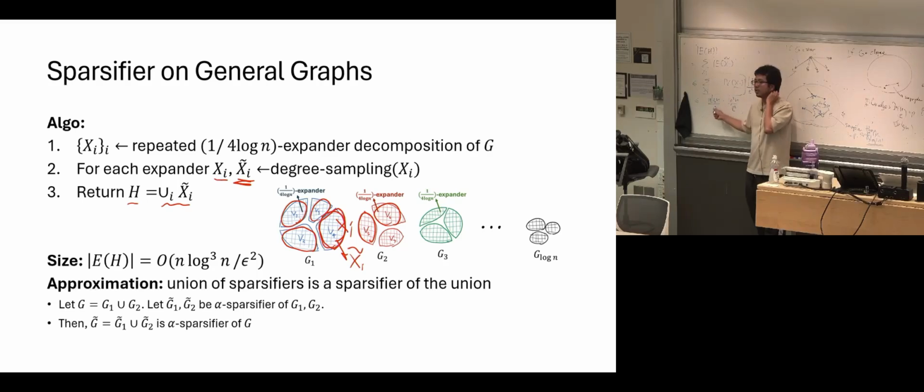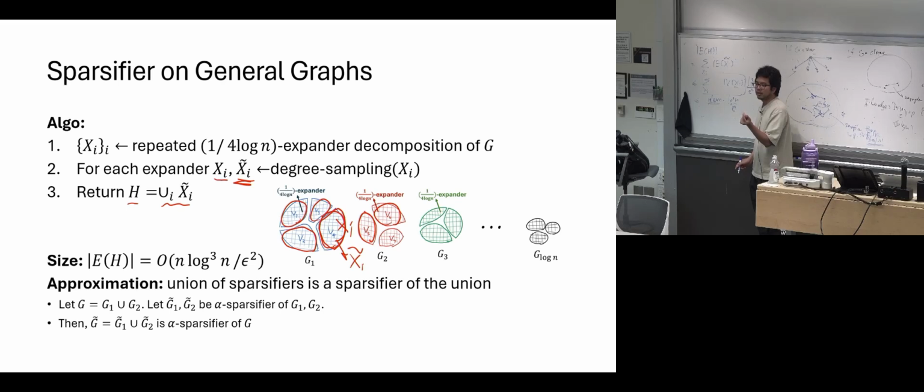Question about this? Why is that thing n log n? Because if you count the total number of nodes in our Xi, each node appears in at most log m many expanders.